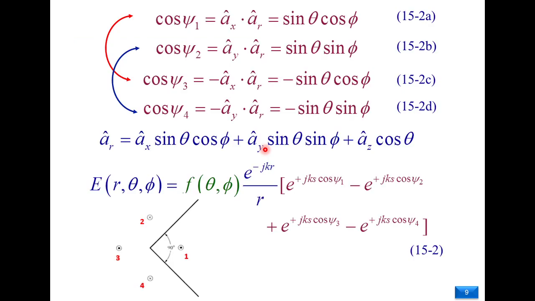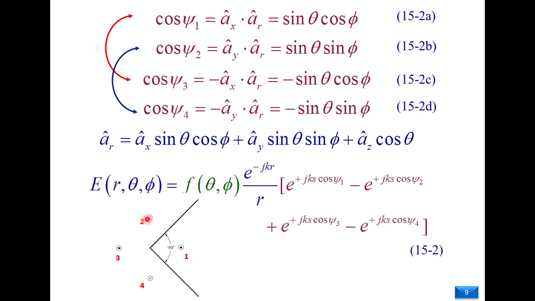And in this case, we can just write the expression for cosine phi 1 for the first element. The first element is along the x-axis, so a r prime is a x, and a r is from origin to a general observation point.